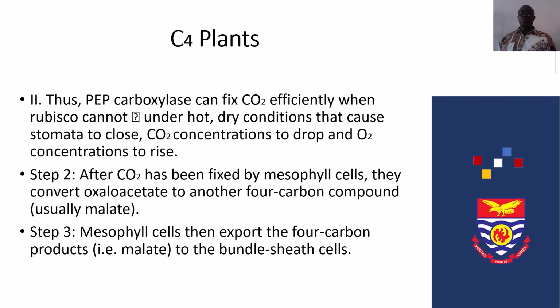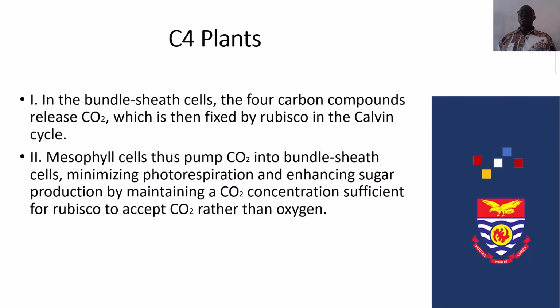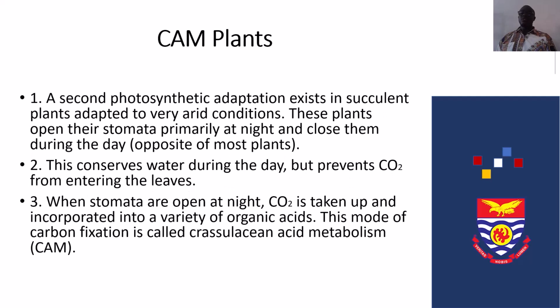Mesophyll cells then export the 4-carbon product, that is malate, to the bundle sheath cells. In the bundle sheath cells, the 4-carbon compounds release carbon dioxide, which is then fixed by Rubisco in the Calvin cycle. Mesophyll cells thus pump carbon dioxide into bundle sheath cells, minimizing photorespiration and enhancing sugar production by maintaining a carbon dioxide concentration sufficient for Rubisco to accept carbon dioxide rather than oxygen.